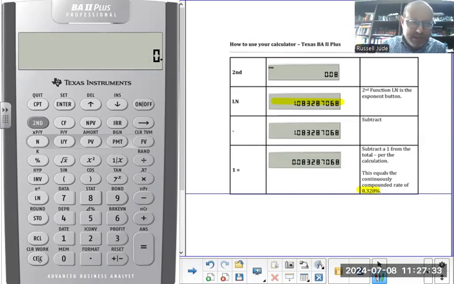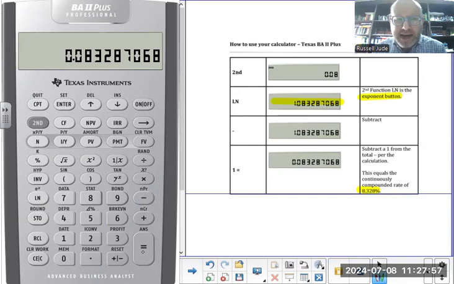A lot of people make the mistake of trying to push E. They go second function, E, and then push the 0.08. That doesn't get to the right answer. So step 1, first and foremost, put in your rate, 0.08. Good. Then you go second function, ln. The second function ln button is in fact the exponent button. Don't forget to minus 1, and I get 0.083.